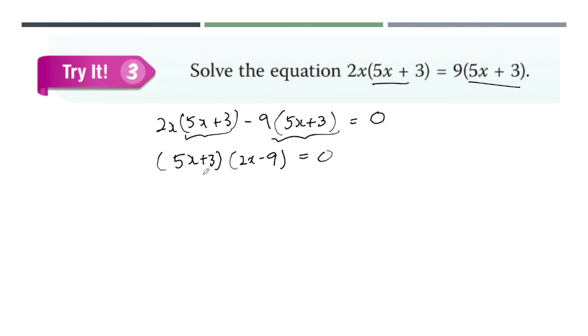In an exam, it will be much more time consuming to expand everything, put all to one side, and make sure it equals 0. It's faster if you can just see that they have a common factor, which is 5x plus 3, and I can just factorize them out. And now I can assume that this is equal to 0 or this is equal to 0 by the zero factor theorem.